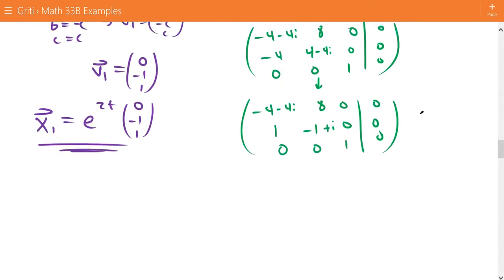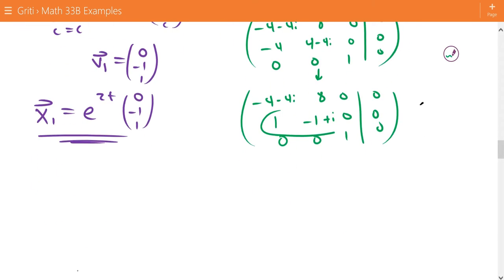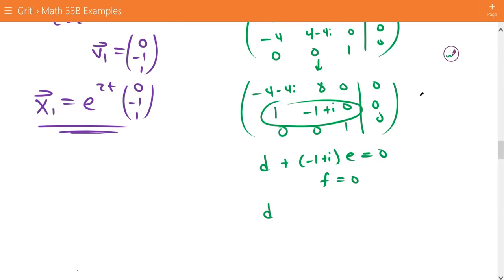So let's look at what this tells us. If we just look at this row specifically, it tells us the first component d plus negative 1 plus i times e equals 0 and f equals 0. That means d equals 1 minus i times e, and e equals e, and f equals 0.